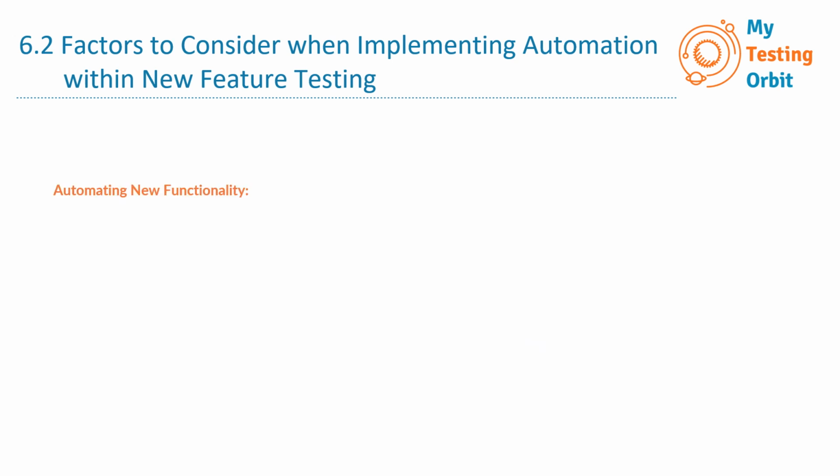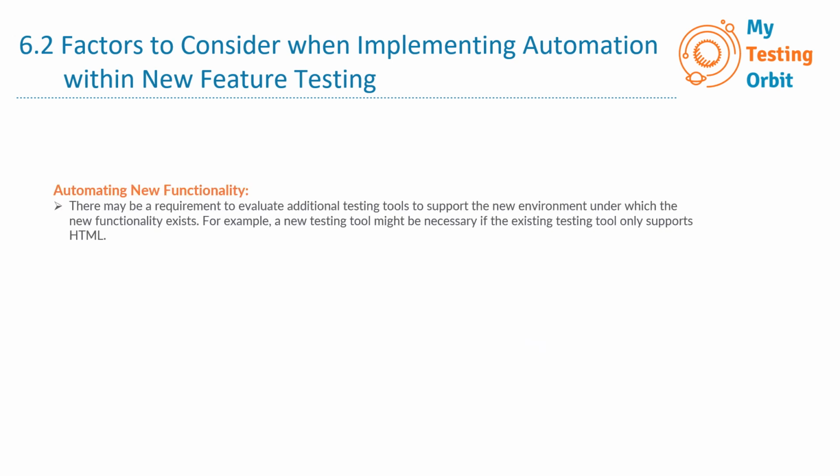Next, we have automating new functionality. Let's say that we have a scenario where a software application initially operates only on HTML-based elements, and the existing testing tool is specifically designed to handle HTML interfaces. Now, a new functionality is introduced to the application that involves complex GUI components or technologies which are beyond HTML, such as JavaScript frameworks, or it can be any dynamic content.